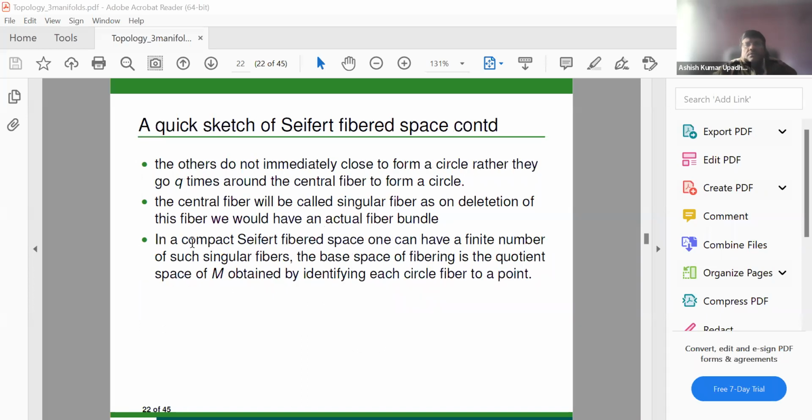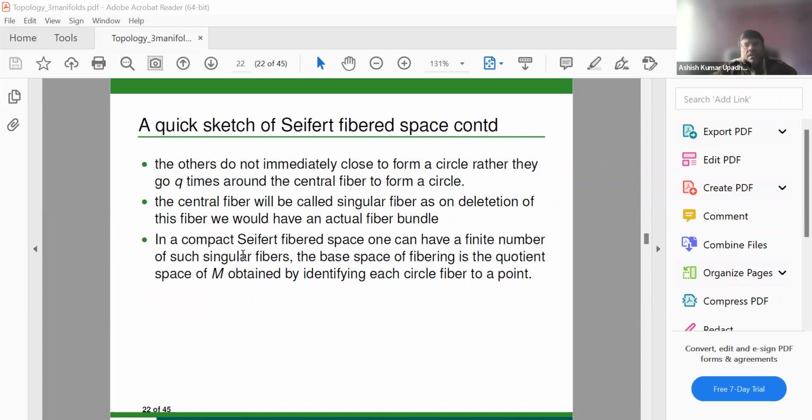The central fiber will be called the singular fiber, since on deletion of this fiber we would have an actual fiber bundle, some terminology which Professor Khare talked about in his talk. He was talking about the tangent bundle. So this construction gives a bundle with a singular fiber.